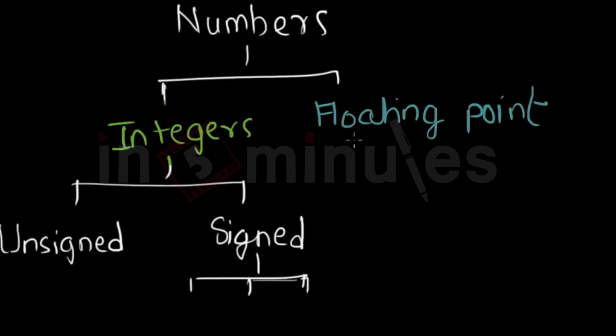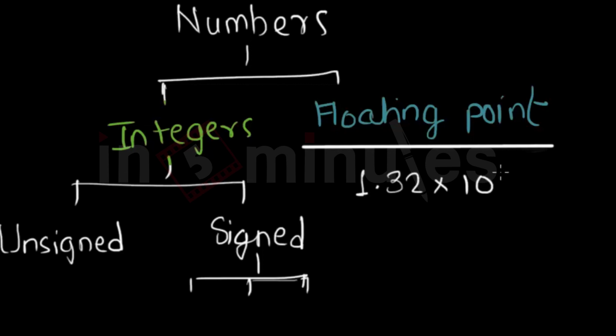Now a floating point number is something which is not commonly used in everyday life, but it's a very efficient way of representing a number. For example, in the decimal system, we represent numbers something like this, with 10 raised to 32. This consists of three parts: the base, which for the decimal system is 10, the mantissa, and the exponent. In a similar fashion, binary numbers can also be represented in this format.